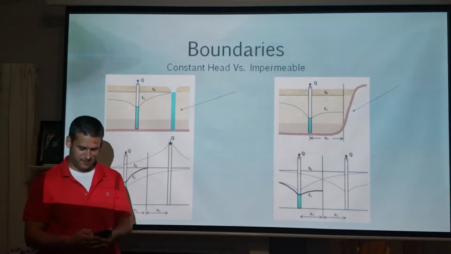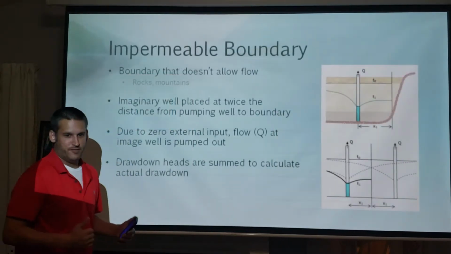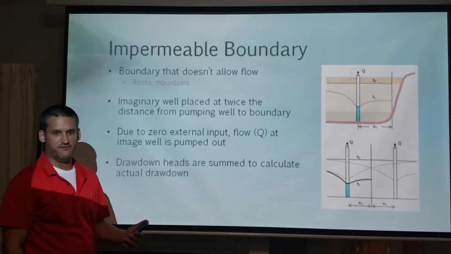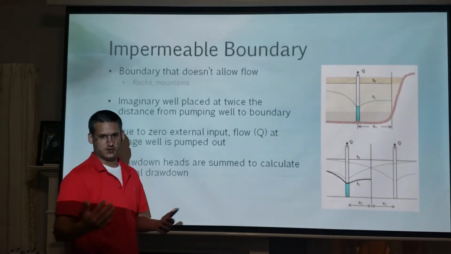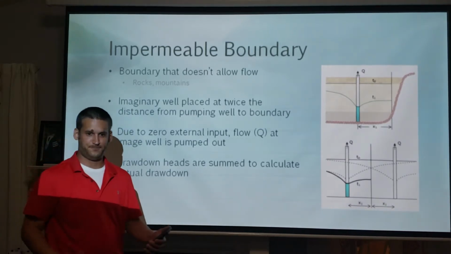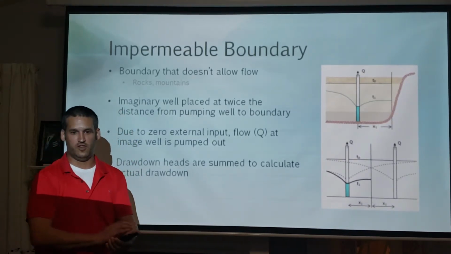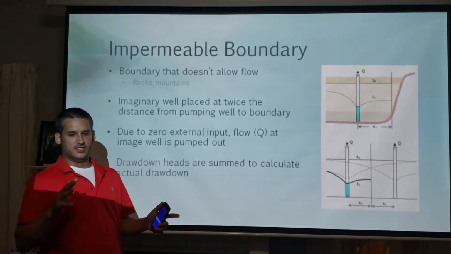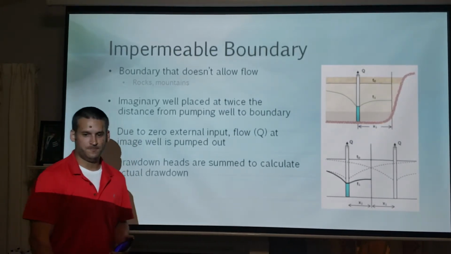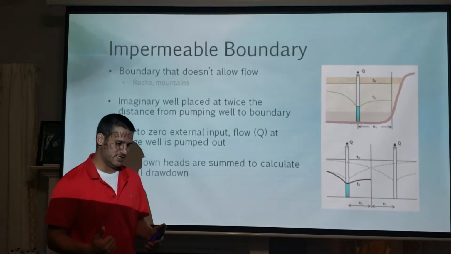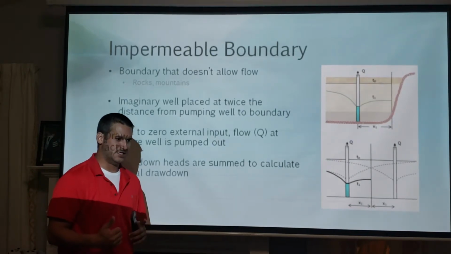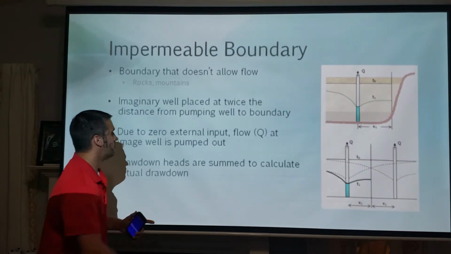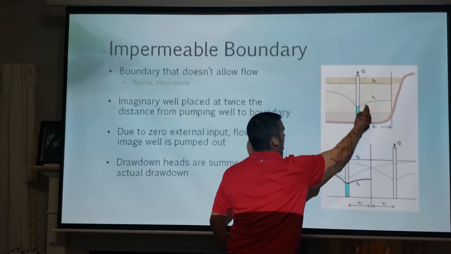So here we go with the impermeable boundary first. Impermeable doesn't allow flow, that's rocks, mountains, anything that'll completely stop it. Very, very dense stuff, won't allow water through it. So what we're going to do is place an imaginary well twice the distance between the impermeable layer right over here and the actual well.